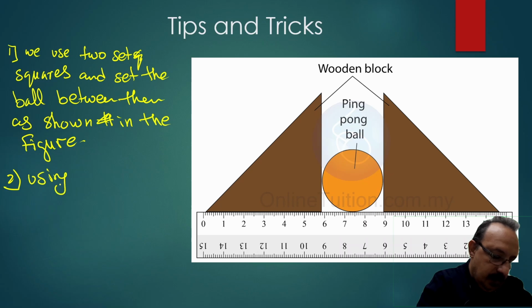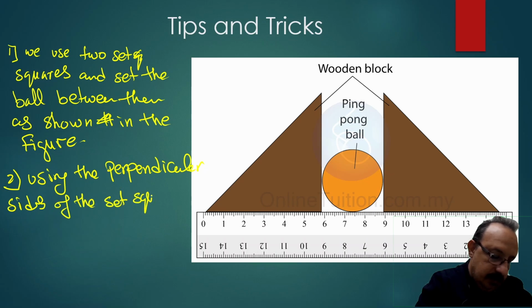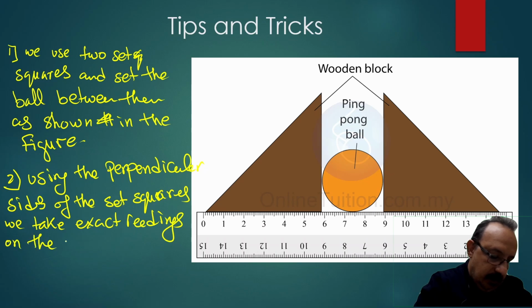Using the perpendicular sides of the set square, we take exact readings on the meter rule, like this.